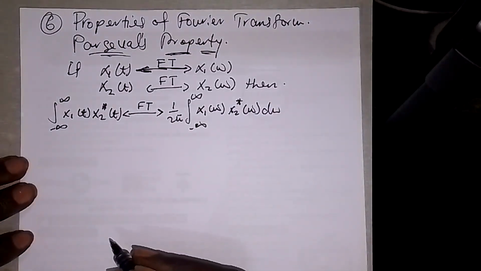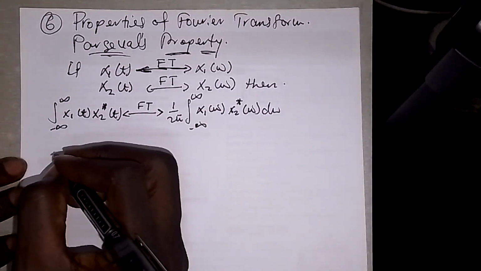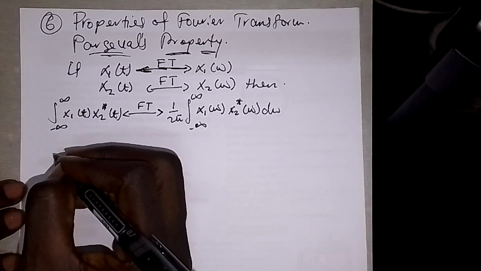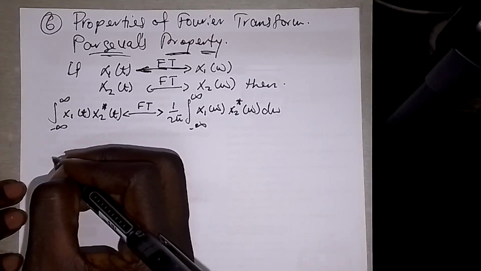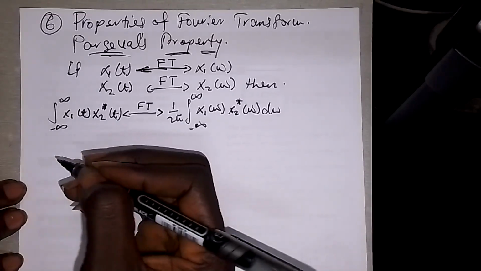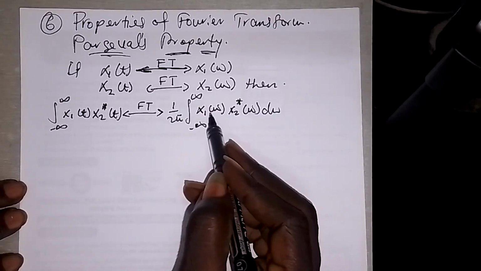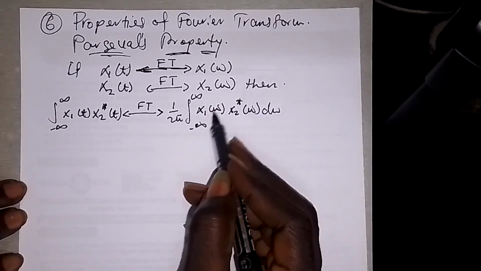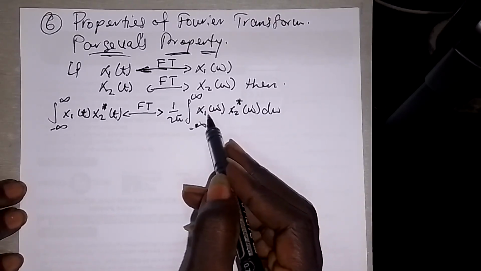Alright. So now what I'm going to actually do is write it in this particular format. I'm going to put the inverse Fourier transform of this x1 of omega over there, and that's going to be the same.